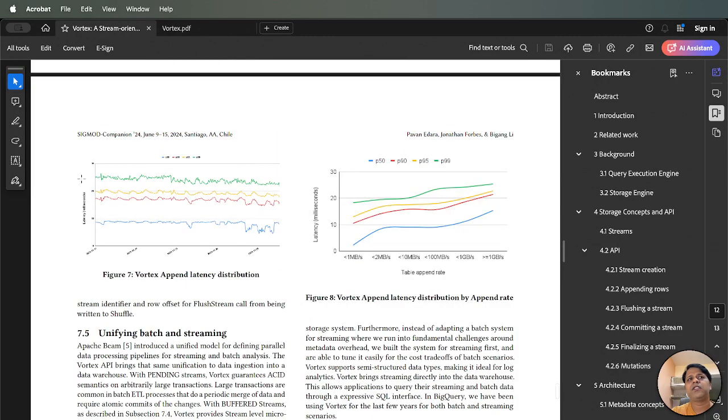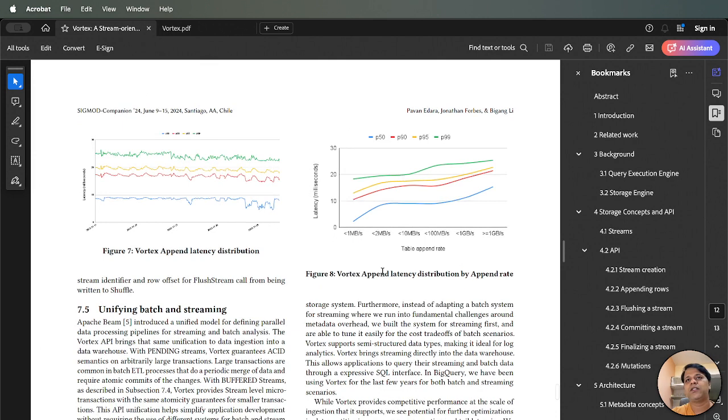And this result page shows how query latency of append depends on the volume size of the data and the rate at which it is appended.